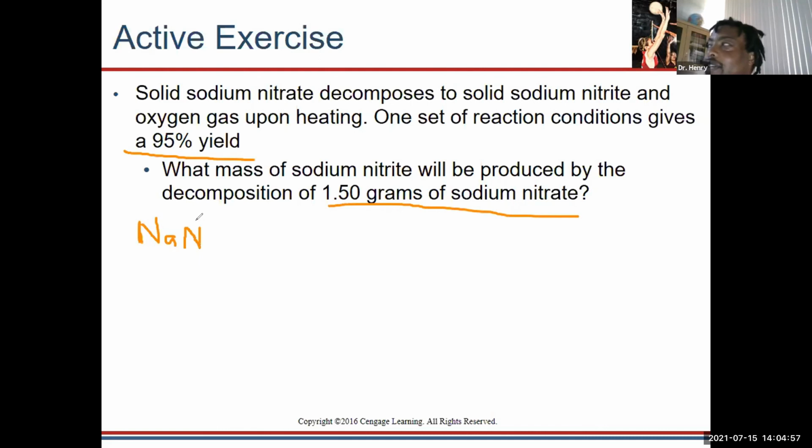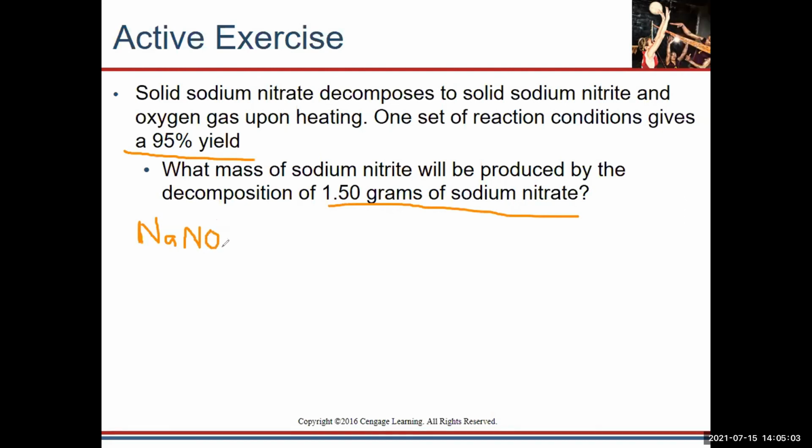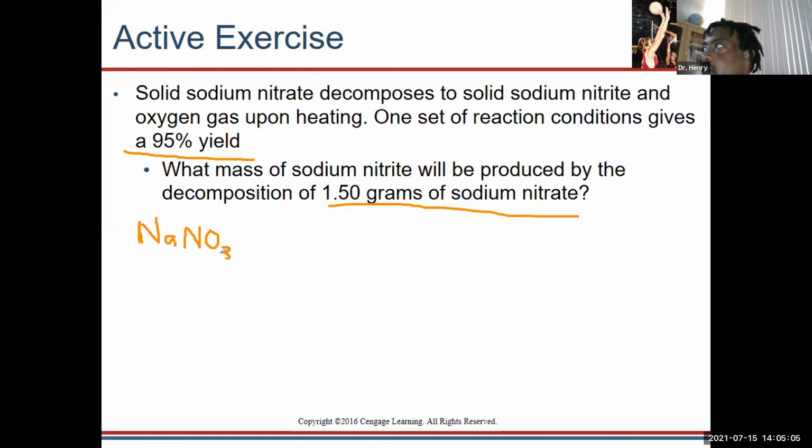No, we know that Ni is nickel. Nitrate is NO3, that's right. Okay, we know that this is a solid because they told us. So what are our products? It says it decomposes, so we have this guy decomposing.